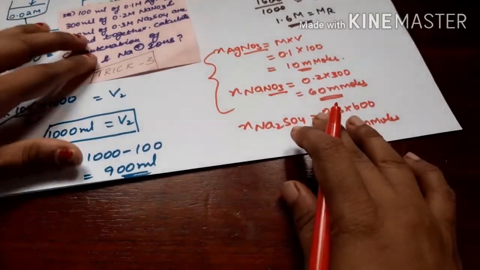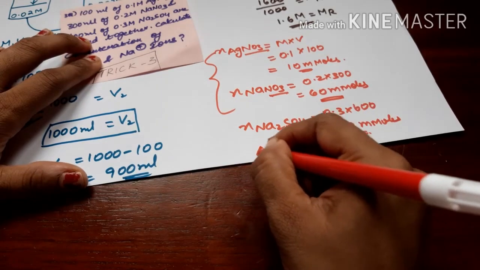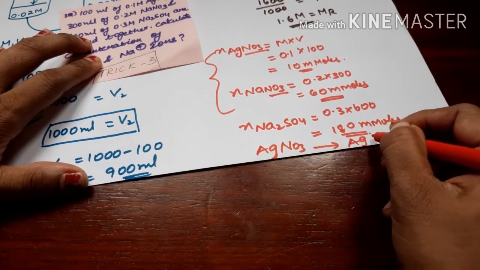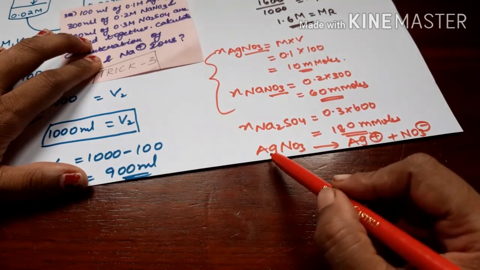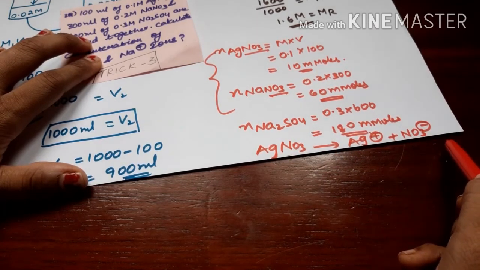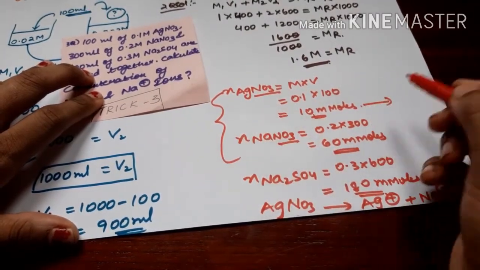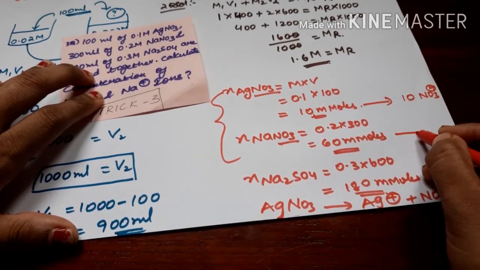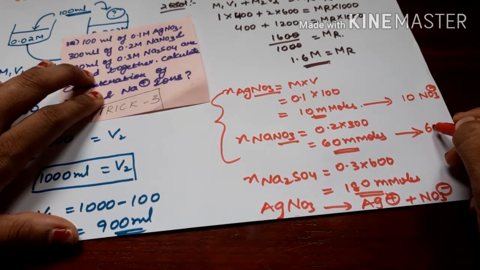If you observe the dissociation of AgNO3, we get Ag plus and NO3 minus. 1 mole of AgNO3 gives 1 mole of NO3 minus. That means 10 millimoles of AgNO3 gives 10 millimoles of NO3 minus. Similarly, 60 millimoles of NaNO3 gives 60 millimoles of NO3 minus.